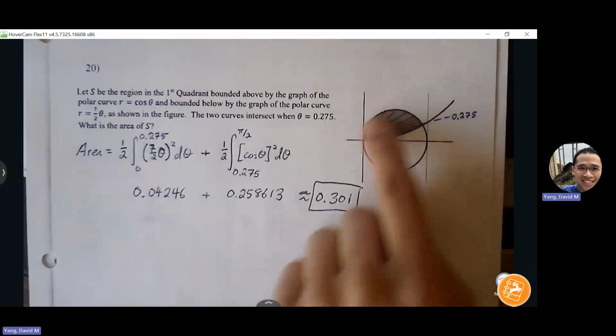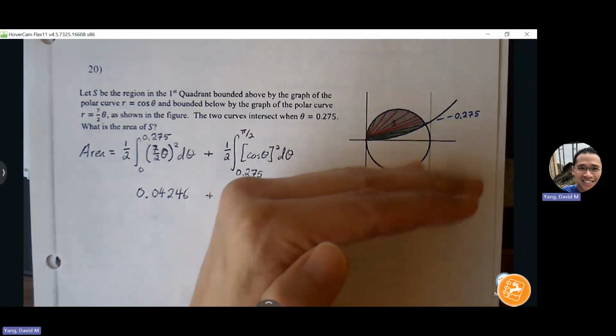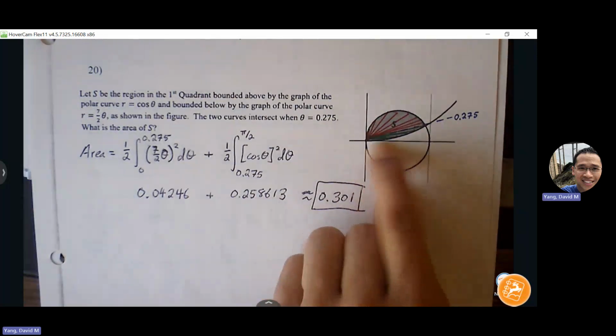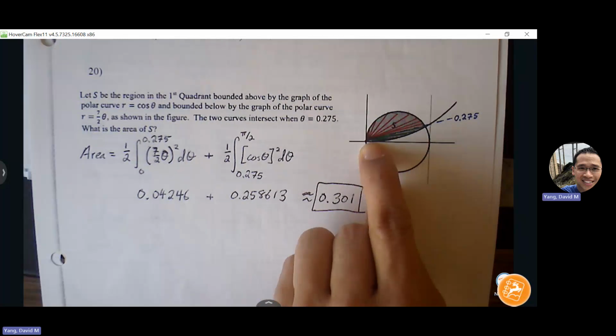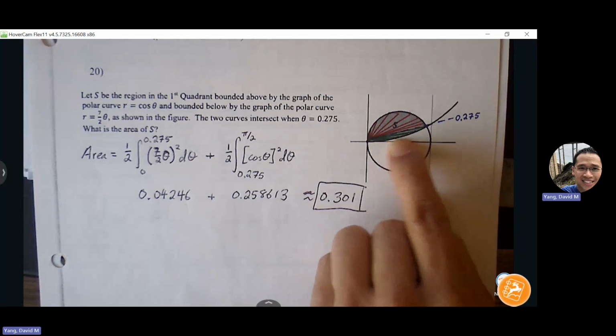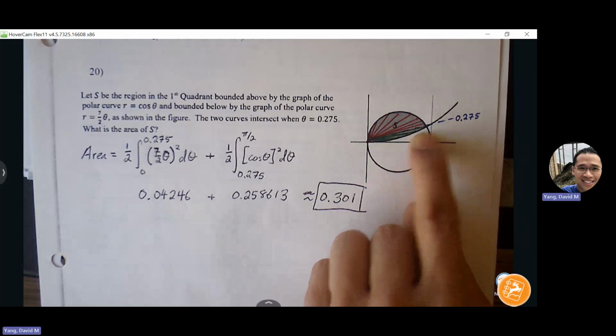So the area of S is the shaded region, but if we want to build it out from a polar perspective, then as we radiate out from the origin, we see that from 0 until 0.275, we're hitting the curve that I highlighted in green.